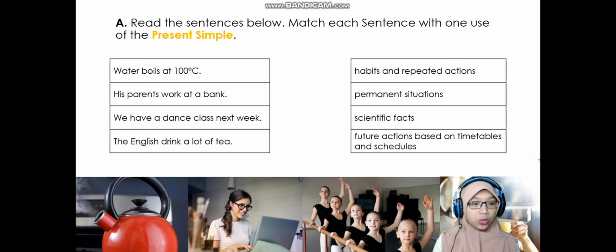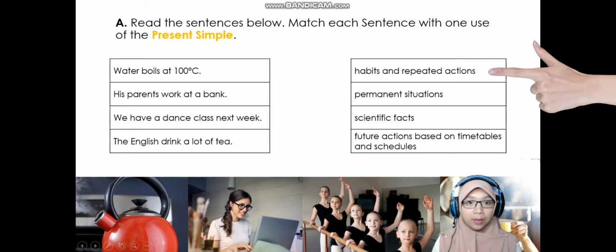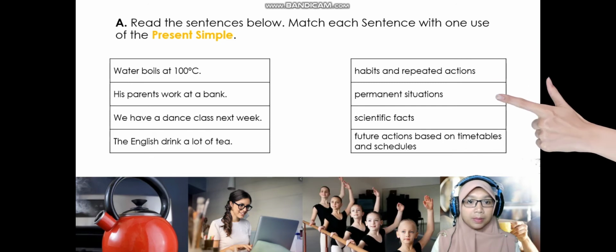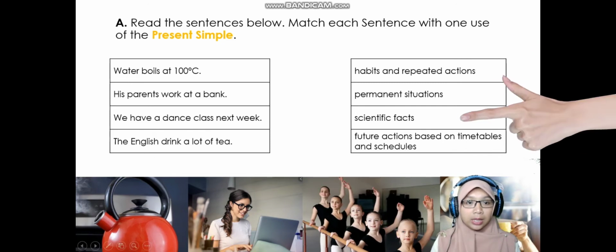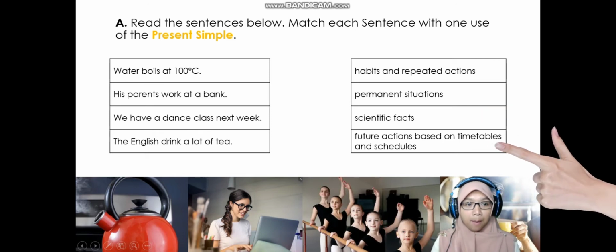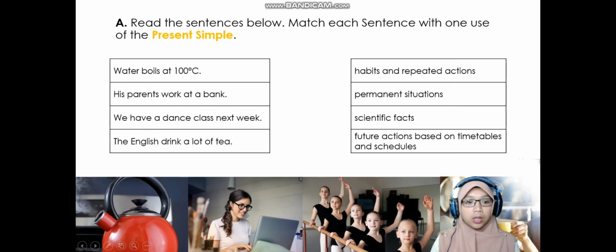When should you use present simple? Number 1, habit and repeated action. Second, permanent situation. Third, scientific facts. Fourth, future action based on timetables and schedule.